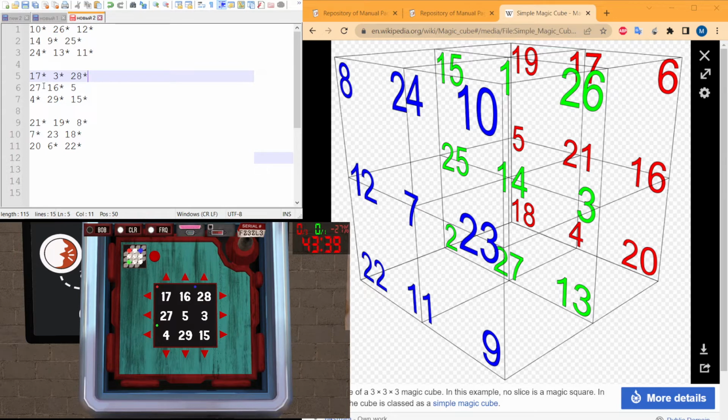Now the middle row is going to be 27, 16, 5, 10, 3, and 29 are on their places. Nice. Next square. 21 on top left, 8 on top right, 20 in bottom left, 22 on bottom right.